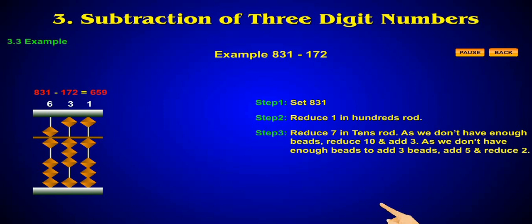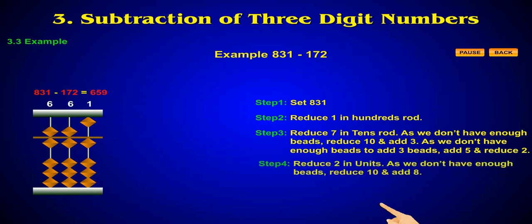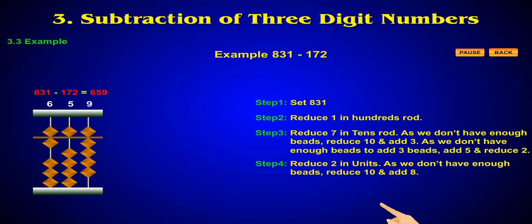As we don't have enough beads to add 3 beads, add 5 and reduce 2. Step 4. Reduce 2 in units. As we don't have enough beads, reduce 10 and add 8. Step 5. Count the beads.